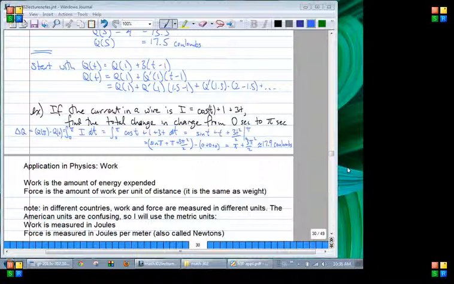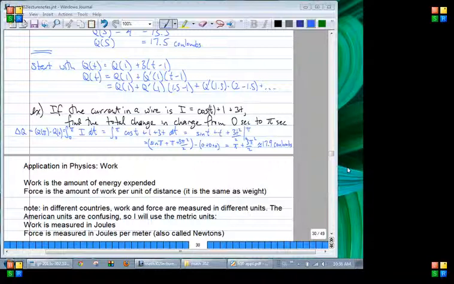For example, if I were to push this desk from here to there, then I'd be applying a force in order to move the desk, and I'd be applying it over a certain distance from here to there. So the force is what I'm applying, and the work is done during my entire trip, if you like. That's a very simple way to think of work.